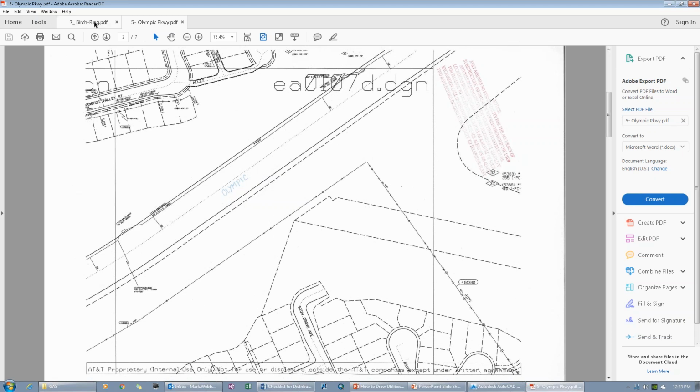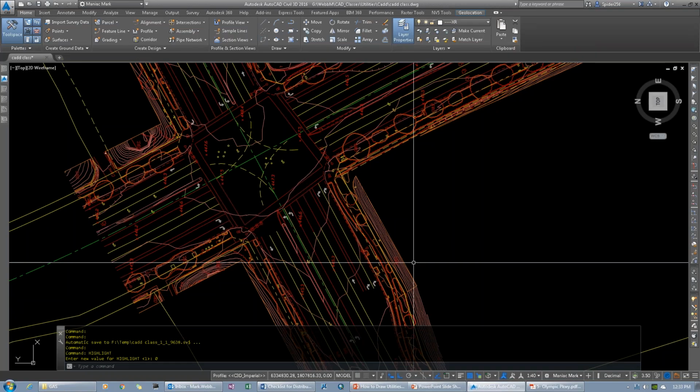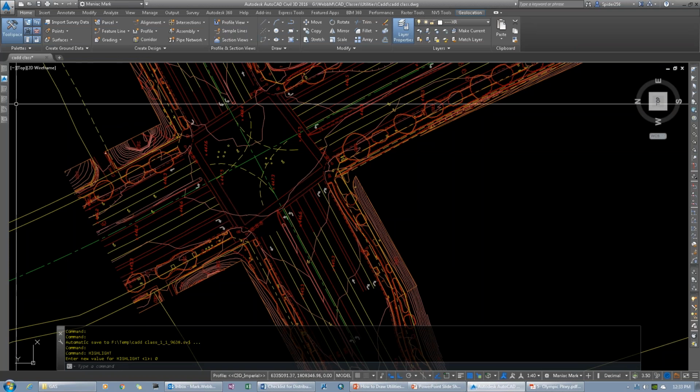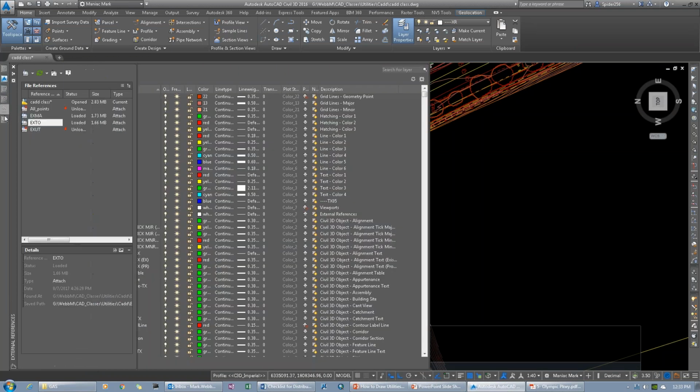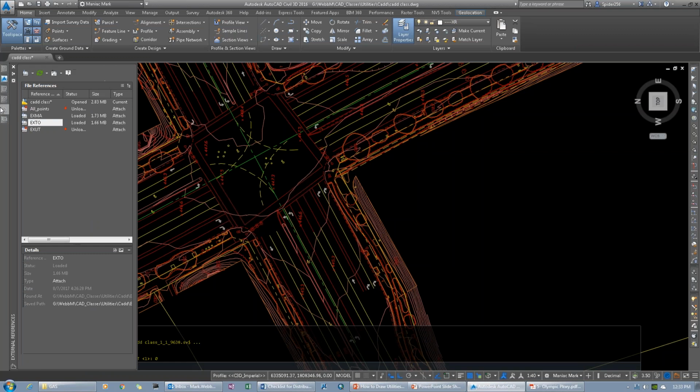So the other piece of information that comes in that we talked about was survey data. So a lot of times you'll have survey data. So we'll reload that. But it won't necessarily all be complete.